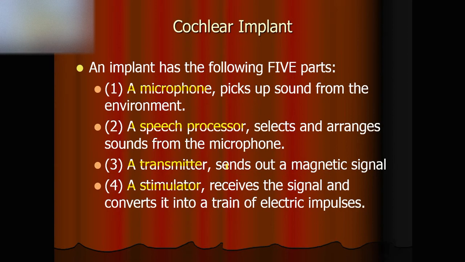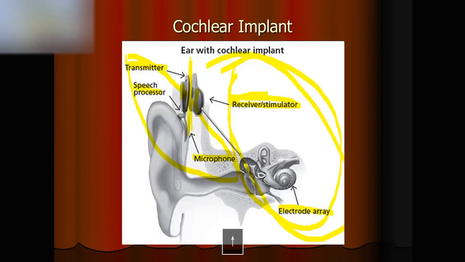The transmitter sends out a magnetic signal to the receiver or stimulator. The magnetic signal is encoded by the output of the speech processor.